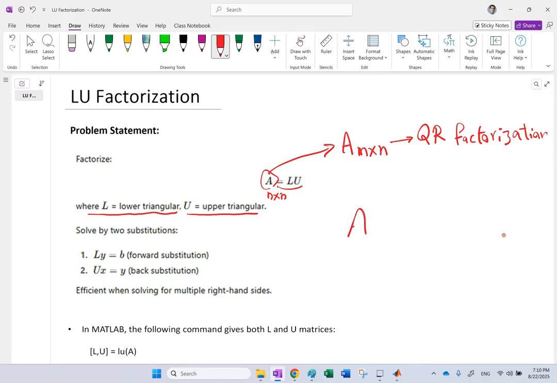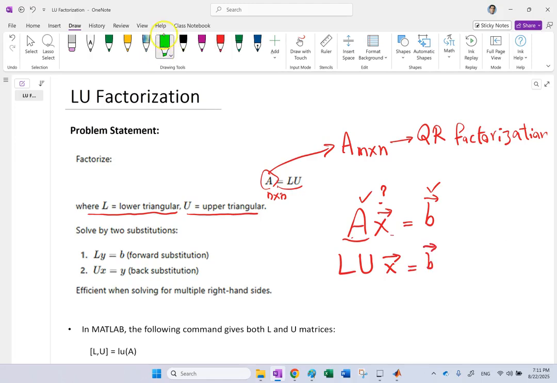So if A is my coefficient matrix times X, which is the unknown vector, equals some right-hand side vector, which is known, and I need to solve that, one of the methods for solution, which is not iterative and is a direct method of solving, is to do it with LU factorization. What does that mean? So here you write this A as L times U, so it's going to be L times U times X equals B.